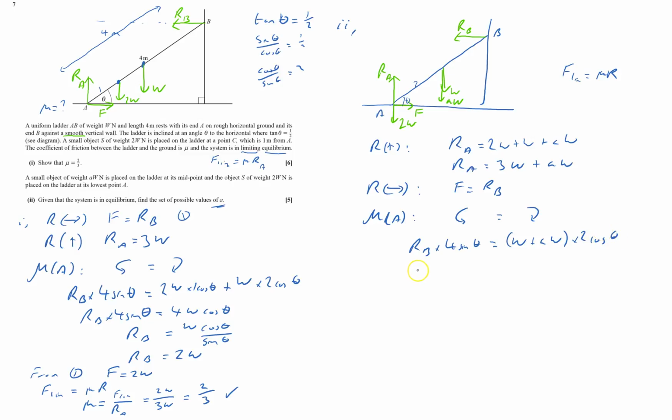And so RB, if I divide both sides by cos theta, times 4 sine theta over cos theta equals, bring 2 to the front, 2 lots of W plus AW. That's tan theta. Tan theta is a half, so that's RB times 4 times a half, which equals 2W plus 2AW.